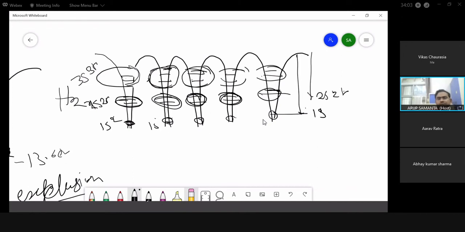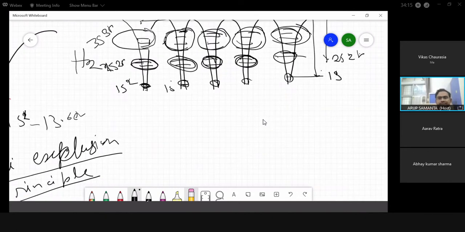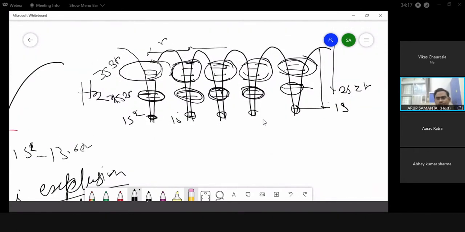Now suppose you make the distance between these atoms closer to each other. These are the bigger orbits. If you make them closer, their orbits should overlap.